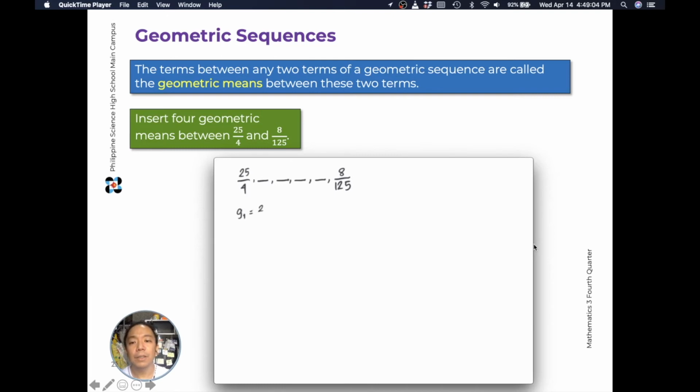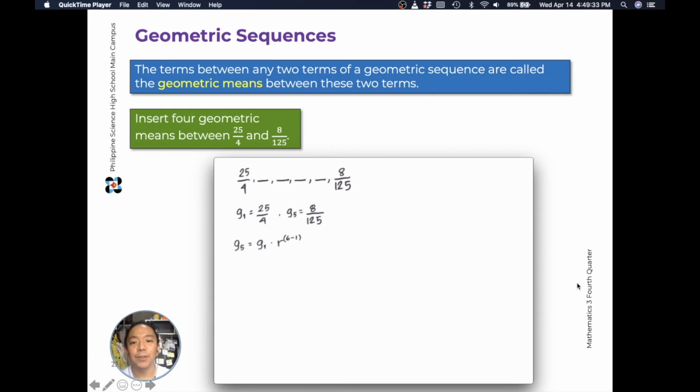Our first term will be equal to 25 over 4, and our sixth term, oops, I wrote g sub 5. It should be g sub 6. If you count, the 8 over 125 is actually the sixth term. So it's 8 over 125. It should be g sub 6. I'm very sorry. So the sixth term is equal to the first term times the common ratio multiplied 6 minus 1 times.